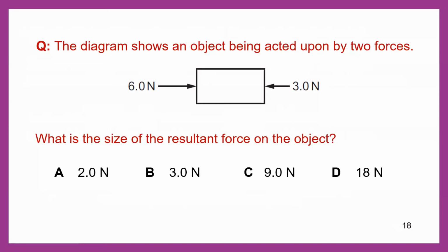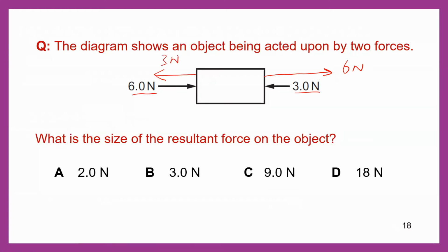The diagram shows an object being acted upon by 2 forces. The force acting to the right is 6 newtons and the force acting to the left is 3 newtons. The forces might be switched that way. There is a way to write it this way also: 6 newtons to the right, and I can apply 3 newtons here to the left this way.